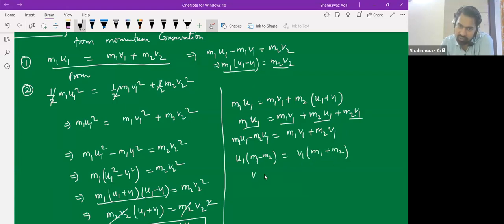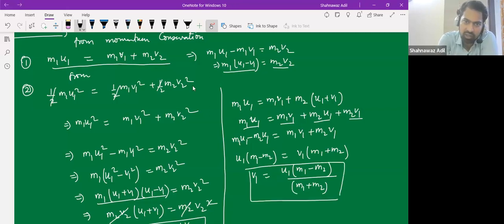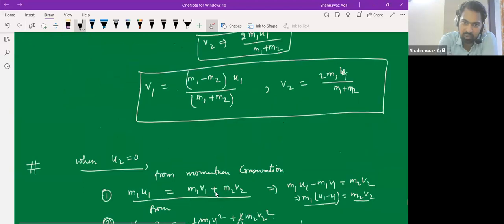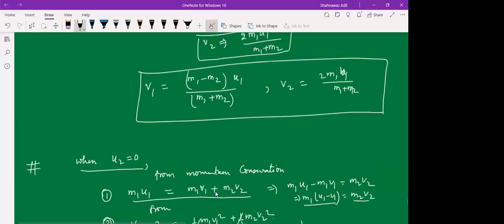So we will get V1 equal to U1 times M1 minus M2 divided by M1 plus M2. This is what we had to do, right? Okay, sir. Yes, sir.